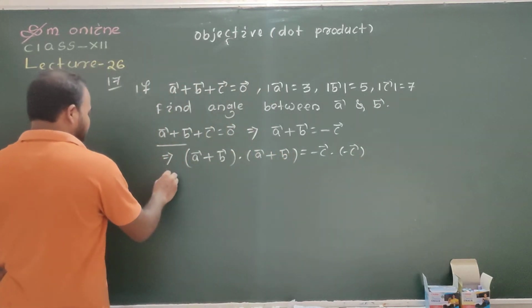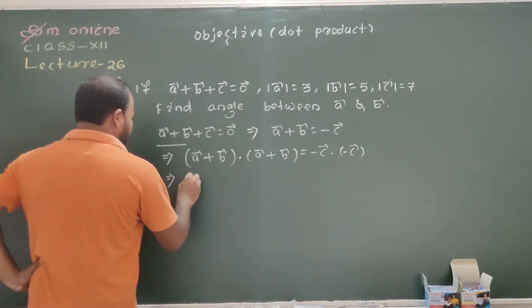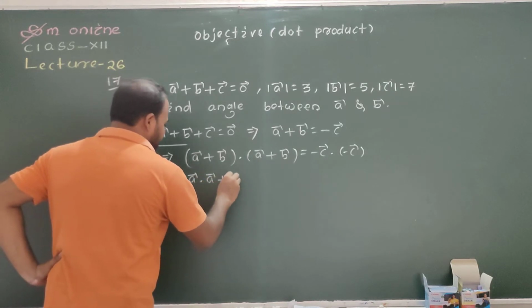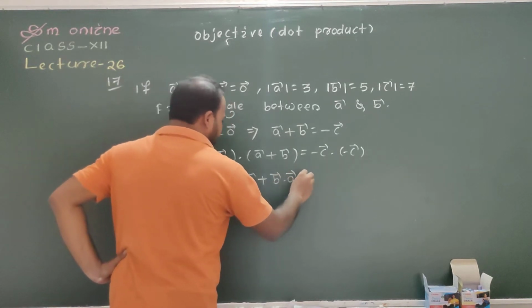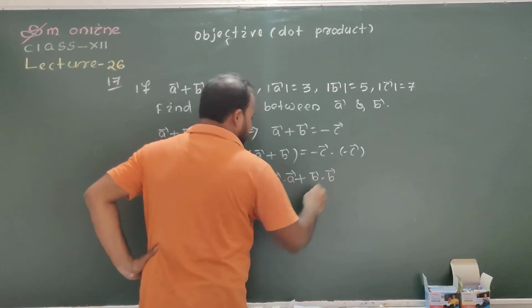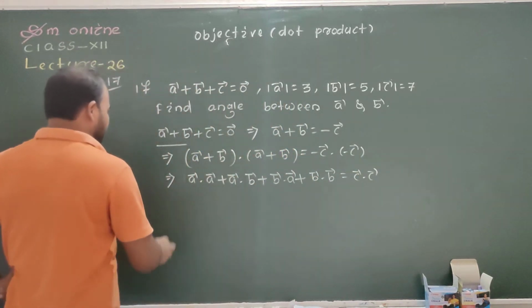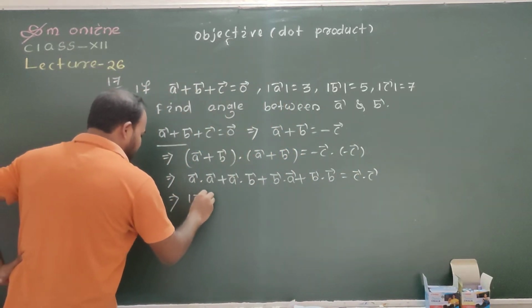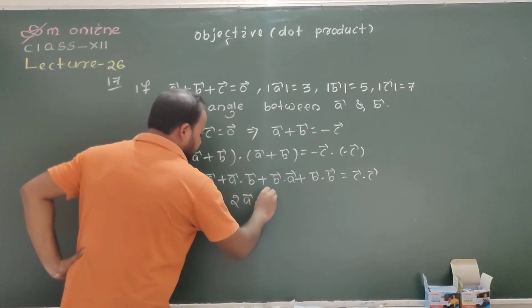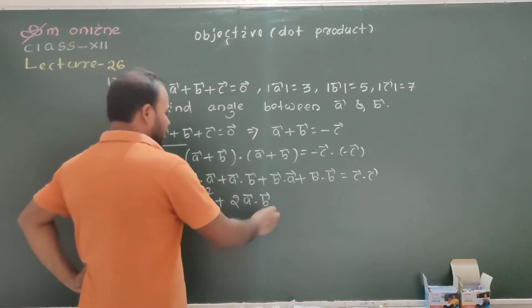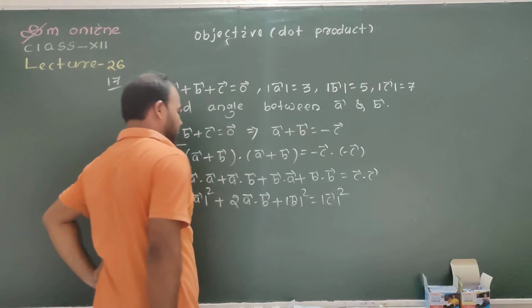And it is equal to vector A dot vector A plus vector A dot vector B plus vector B dot vector A plus vector B dot vector B equal to vector C dot vector C, since minus minus is plus. So it implies magnitude of vector A square plus 2 into vector A dot vector B, where we write B dot A as A dot B, plus magnitude of vector B square equal to magnitude of vector C square.